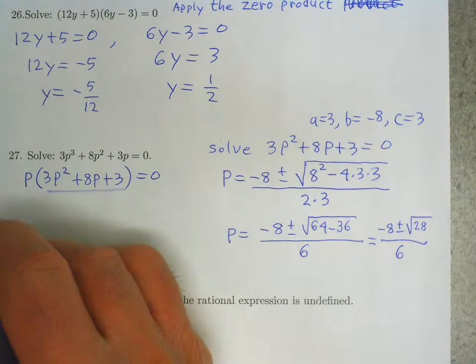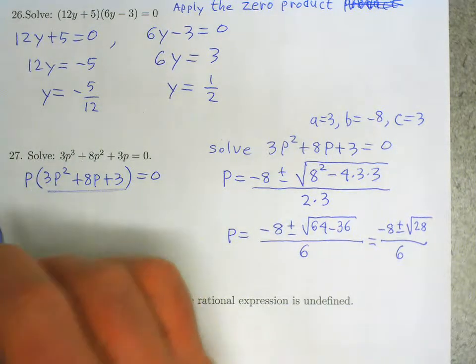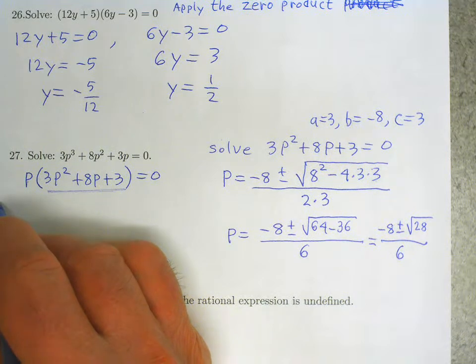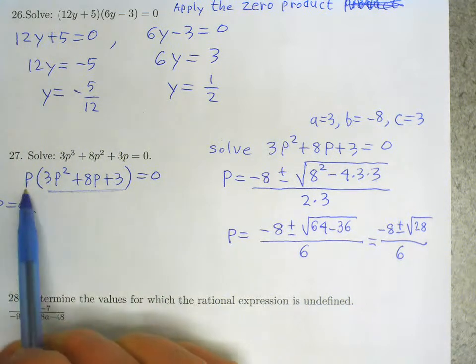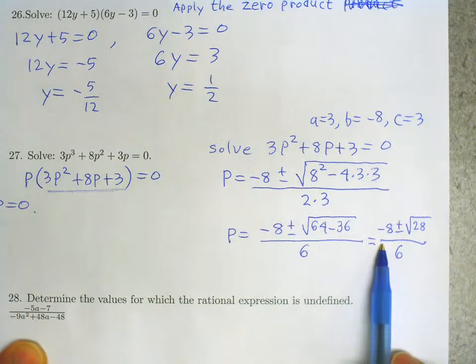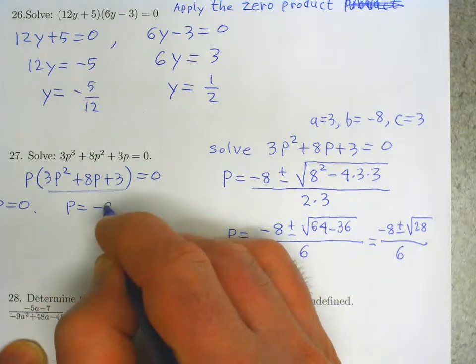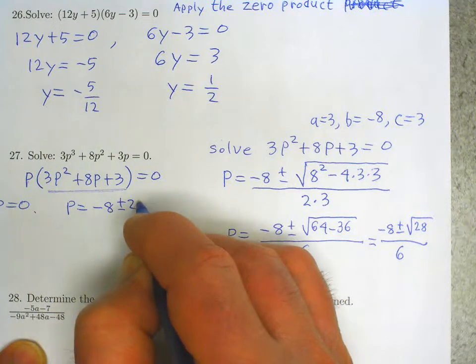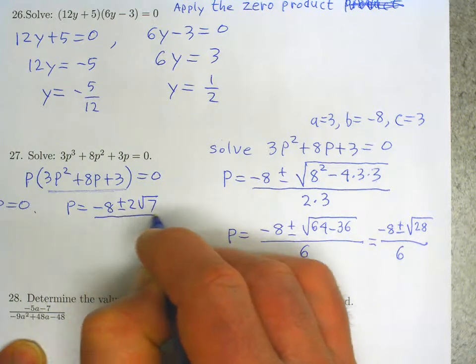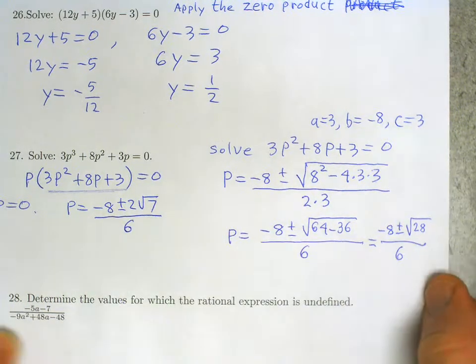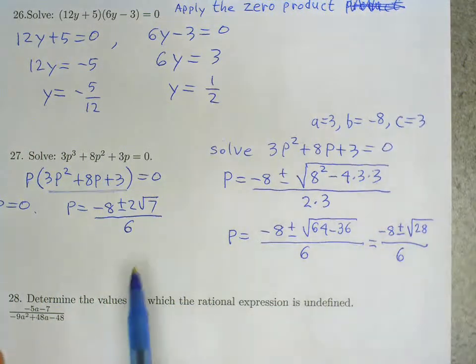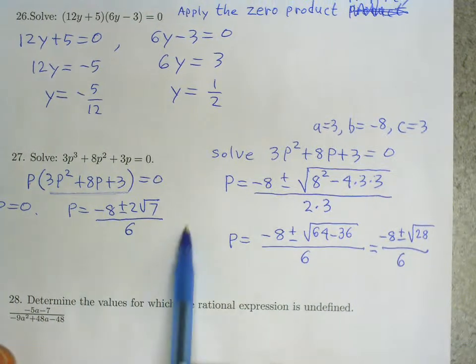Okay, so I'll write: one of the solutions is p equals 0 because p is a factor. And then the other solutions, negative 8 plus or minus 2 times the square root of 7, all divided by 6. And we should simplify this a little bit more.